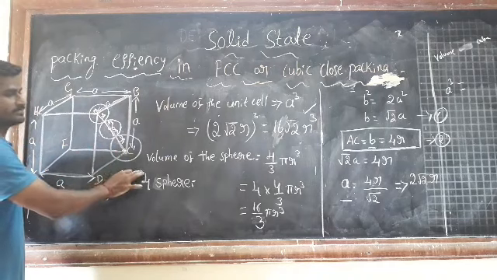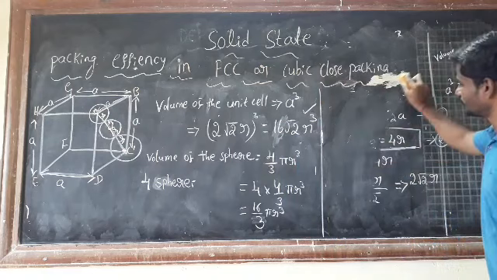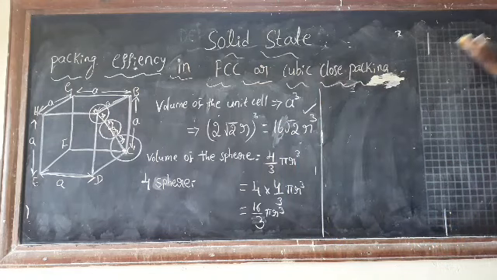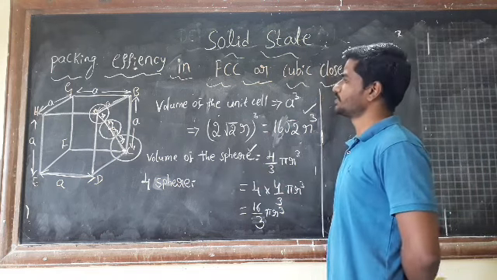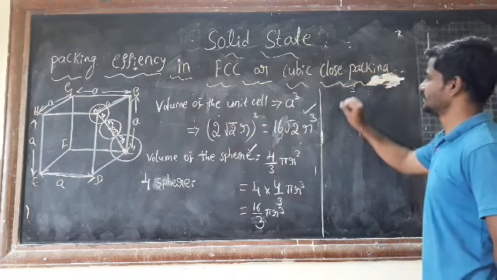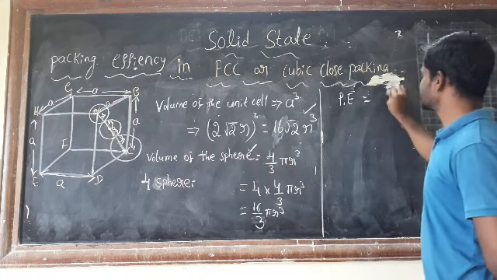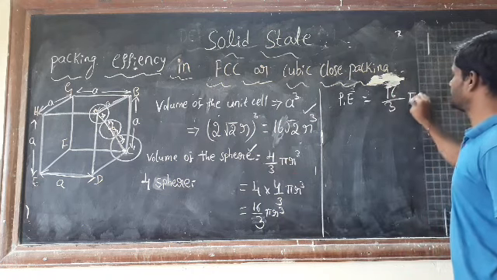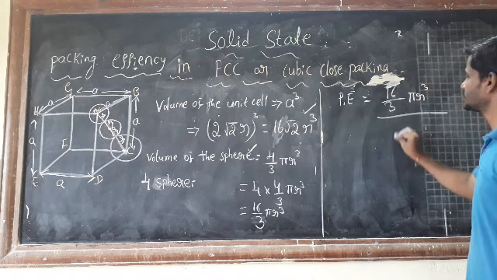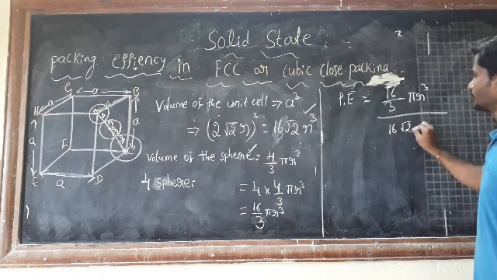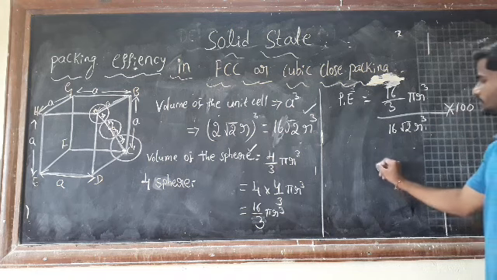This gives the volume of the spheres. Now we have to calculate the packing efficiency. The formula for packing efficiency is the total volume of the spheres to the volume of the unit cell, into 100. That is 16 by 3 pi r cube divided by 16 square root of 2 into r cube, into 100.